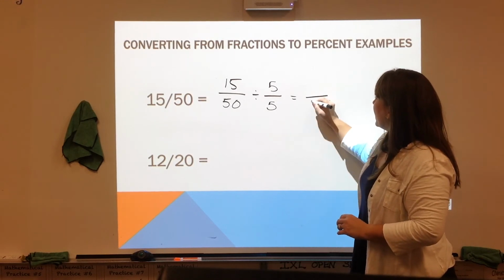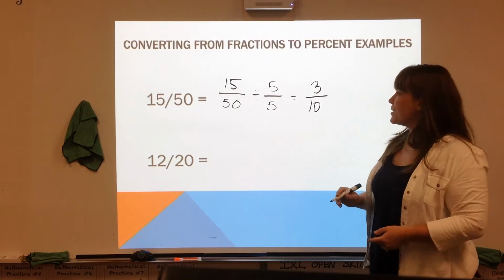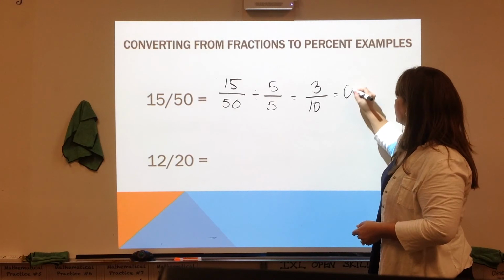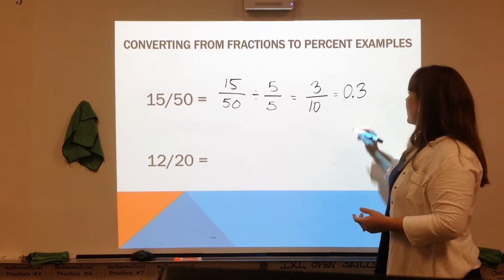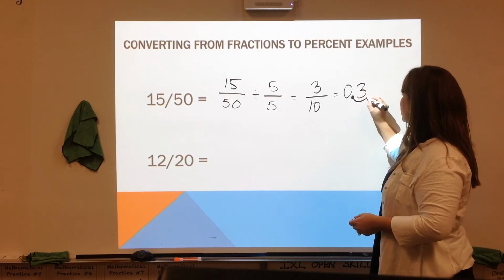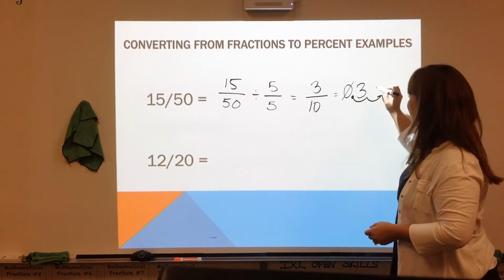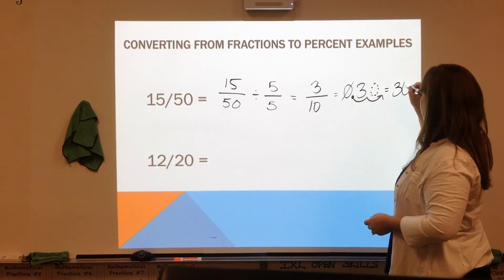And so now I have 10 on the bottom and 3 on the top in the numerator. This fraction, 3/10, is the decimal 0.3. Now I'm going to take this decimal and move it 2 places to the right. This 0 goes away, but I have to annex a 0 here, which equals 30%.